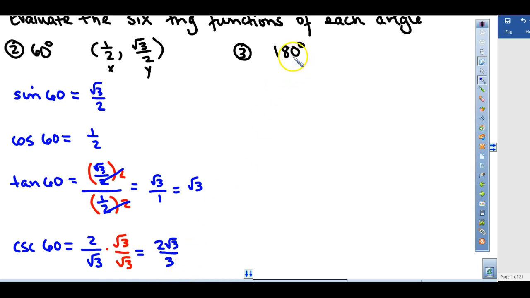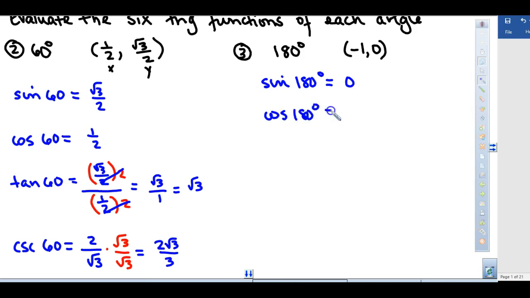Okay? 180 degrees. Well, that ordered pair is (-1, 0). So again, your sine of 180 degrees will be the y-coordinate. Cosine of 180 degrees will be your x-coordinate.